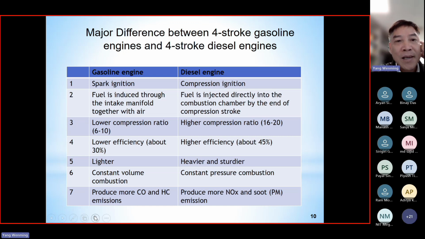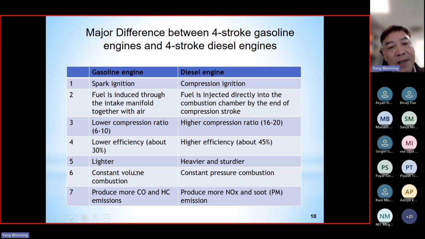Okay. Gas engines are lighter than diesel engines because gas engines have a lower compression ratio, which means that the peak pressure will be much lower than that for diesel engines. That's why the design of gas engines is lighter, less sturdy, correct?